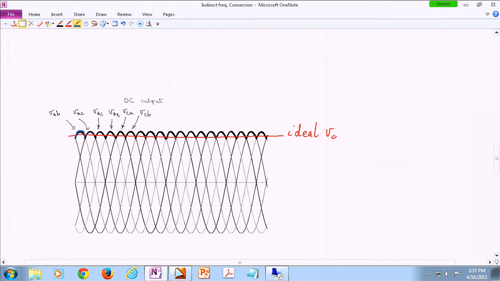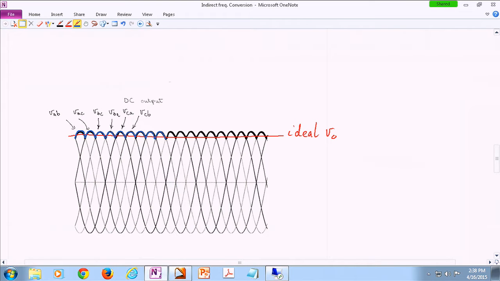I will follow VAB, then I will follow VAC, then I follow VBC, and just keep doing that. Okay? And there you have it. You can actually have a relatively good output voltage in which the ripple is only 360 hertz. So your line frequency is 60 hertz, but the ripple in the output voltage is 6 times that, so it's easier to filter that out.